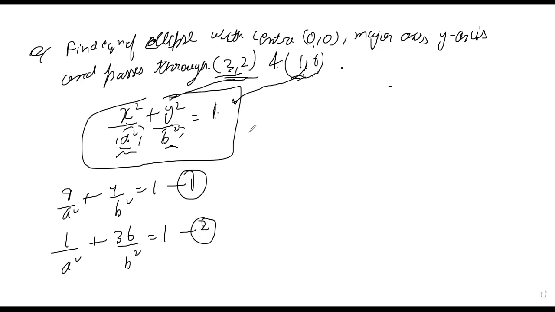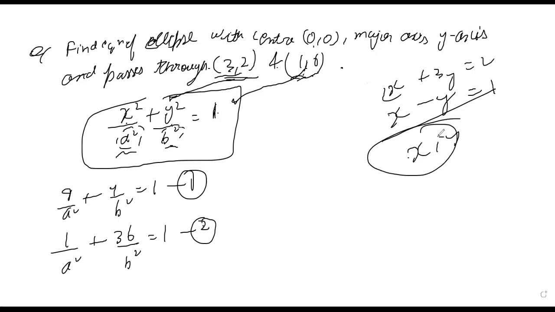Now, like in the case of lines, if we have 2x plus 3y equals 2 and another is x minus y equals 1, and we solve both equations, then we will get x and y. Similarly, we will solve these two equations, then we will get a and b.